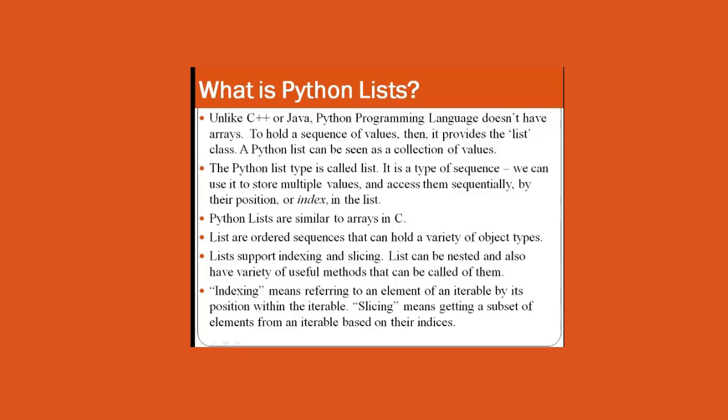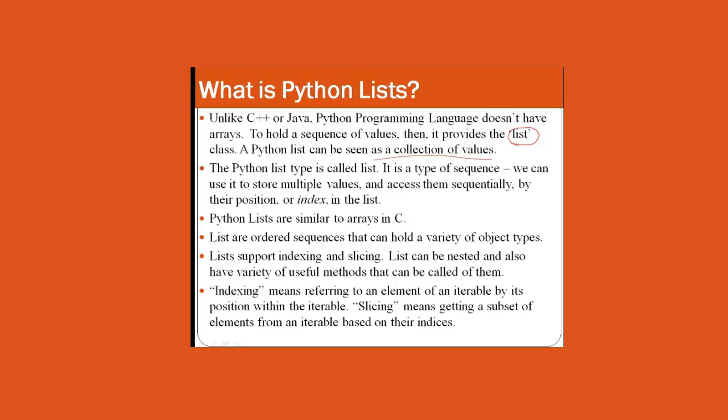A Python list can be seen as a collection of values. The Python list type is called list. It is a type of sequence. We can use it to store multiple values, and we can access them sequentially by their position, or we can use an index in the list.